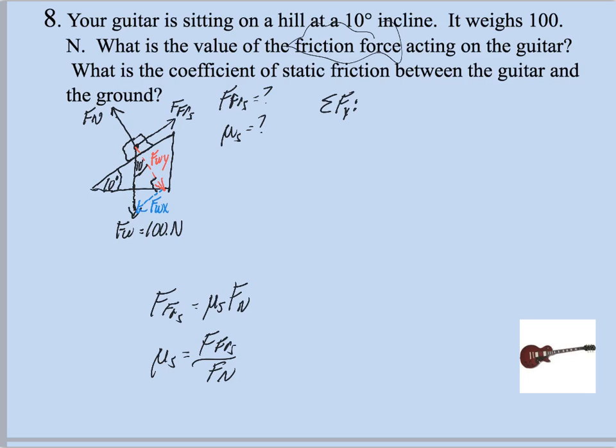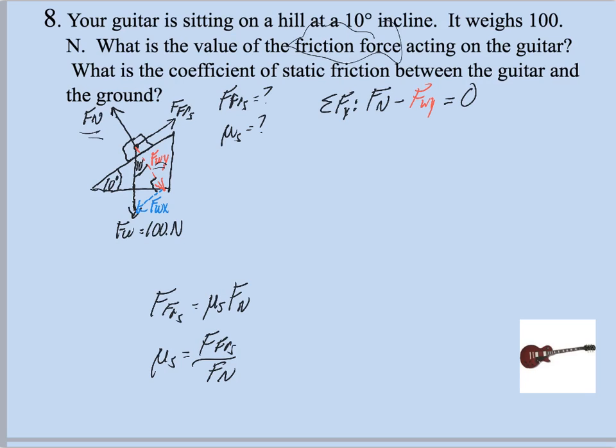Well, it looks like Fn's there, and it looks like Fwy, even though it's going the opposite way, is there. Now it says this is not moving, so it's at equilibrium. And what that means is that the two components, pointing opposite from each other, should equal the same value, and if they're going opposite each other, then we should end up with 0 if we're summing them together.